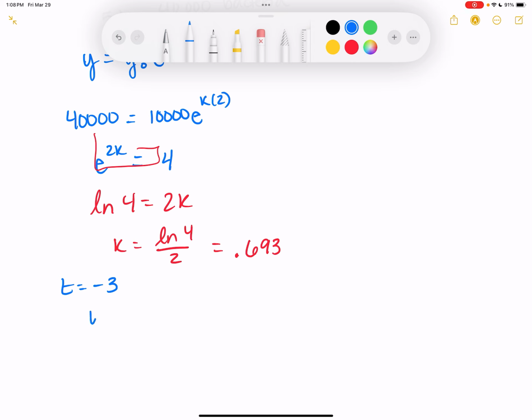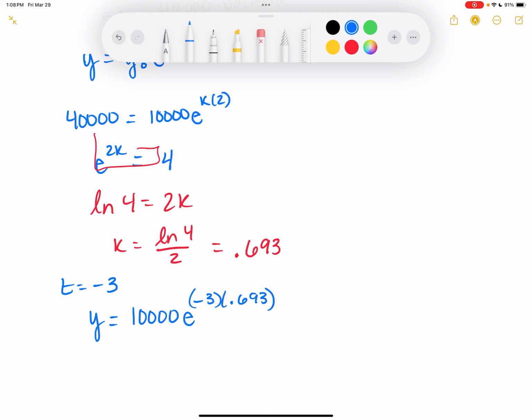So we're going to have y is equal to 10,000 e to the negative 3 times the 0.693 number that you had. I don't know if that was rounded or not, but I'm guessing it probably was. Usually they are. So you might be off by just a little bit because of it being rounded, unless you use the second answer button when you type it in.